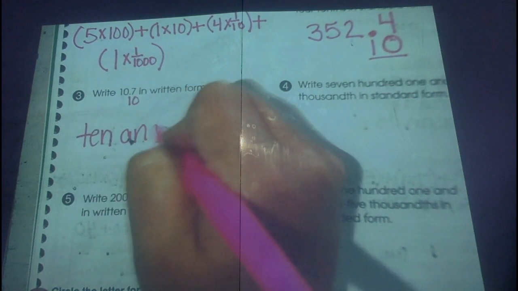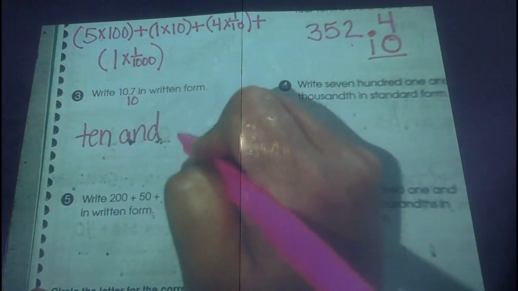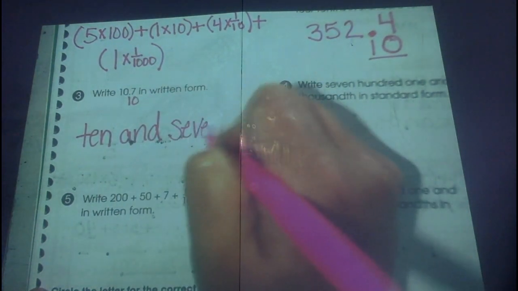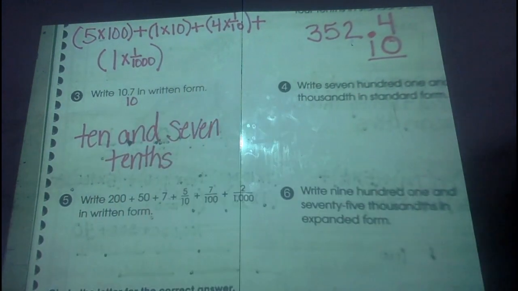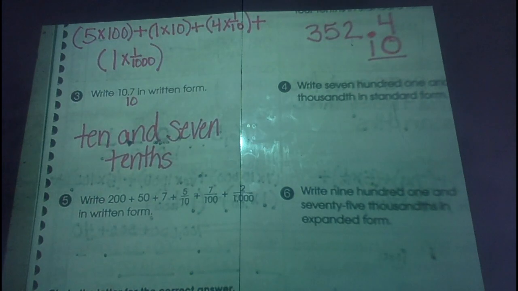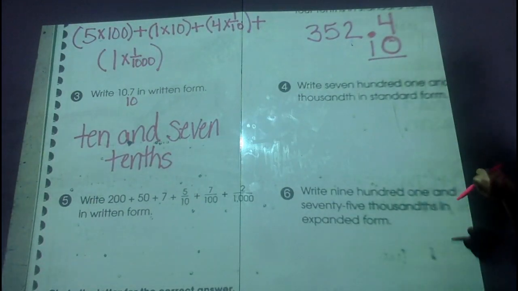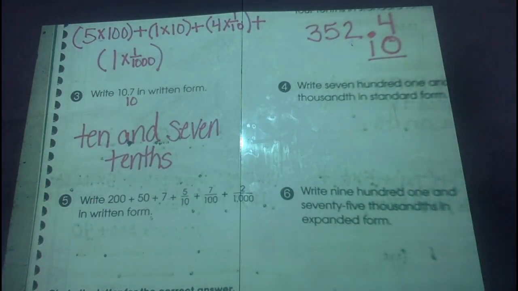So we have 10. Our decimal point stands for and, 10 and 7 tenths. All right. Good job, guys. You guys are getting to be pros at this. We've been doing it for a few days now.